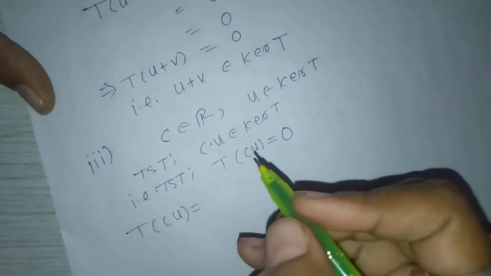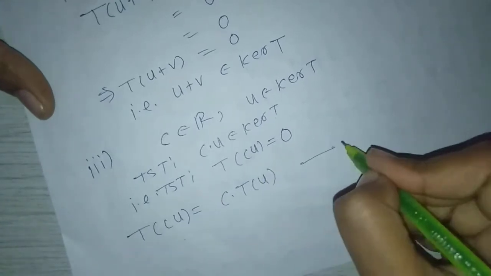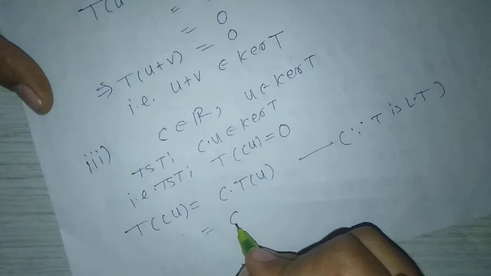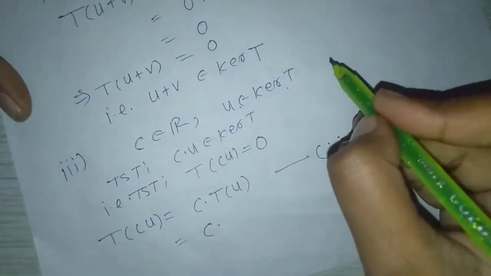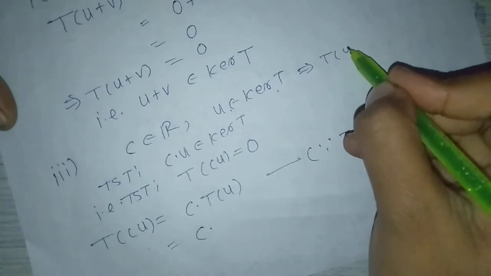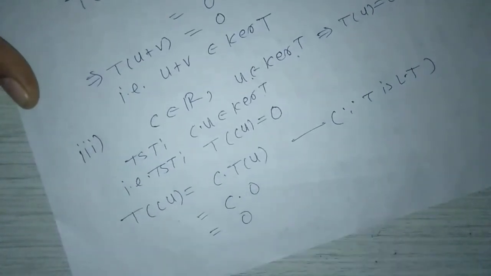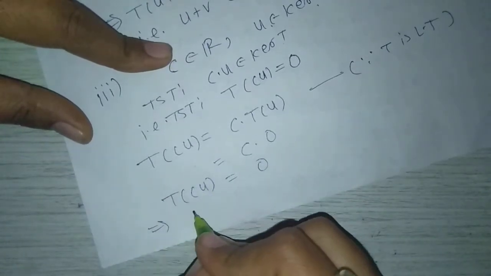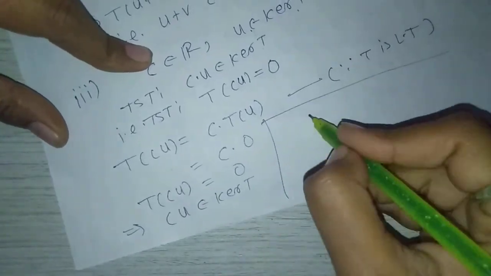T is a linear transformation, so we can write c times T of u. c times T of u is 0 because u belongs to kernel of T, which implies T of u equals 0. So c times 0 equals 0. Here we get T of c times u equals 0, which implies c times u belongs to kernel of T.